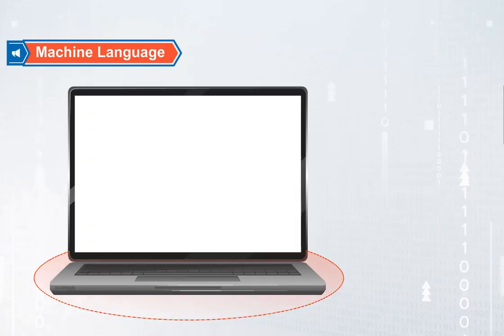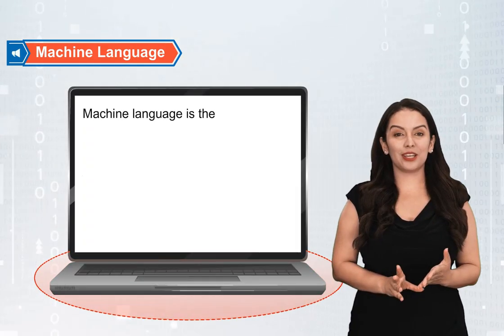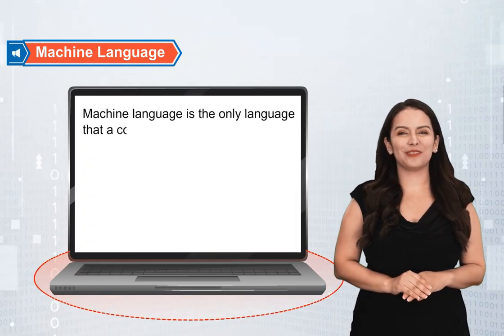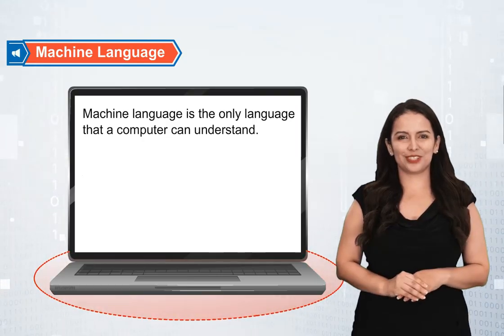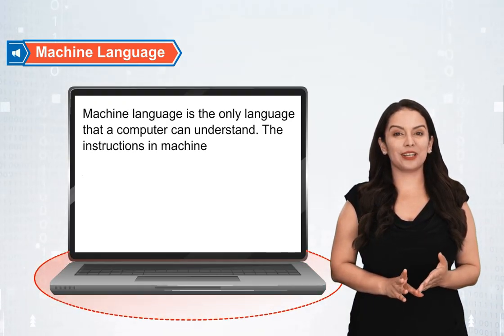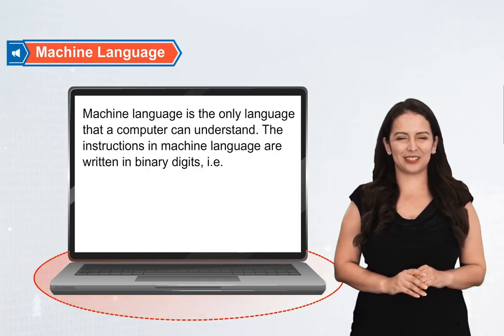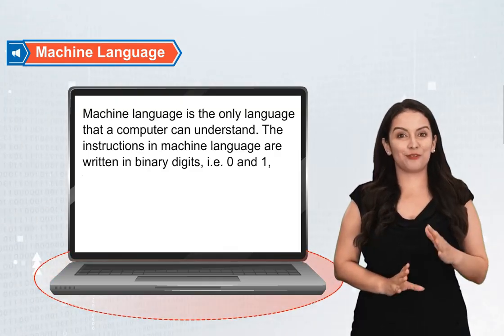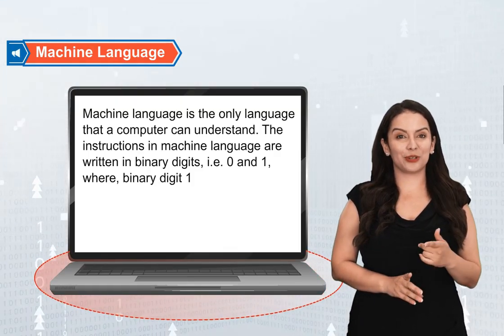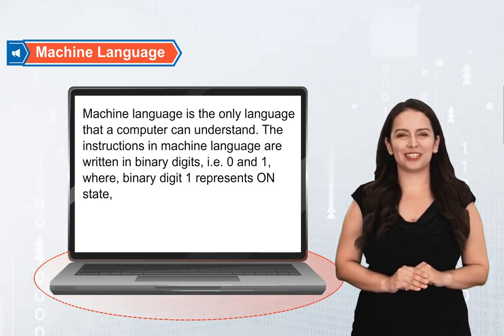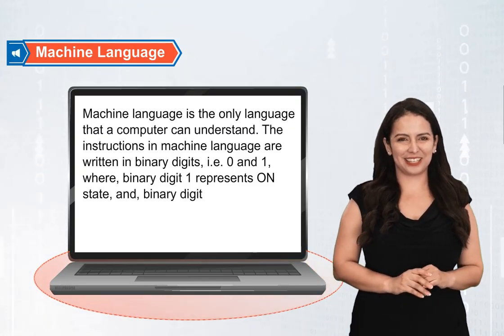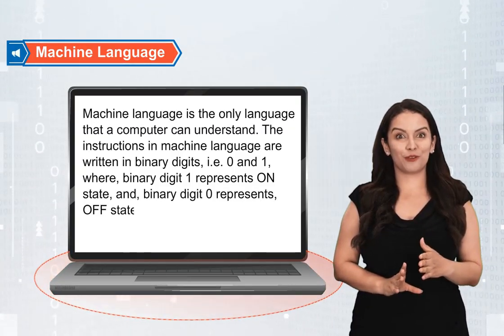Machine language. Machine language is the only language that a computer can understand. The instructions in machine language are written in binary digits, that is 0 and 1, where binary digit 1 represents on state and binary digit 0 represents off state.